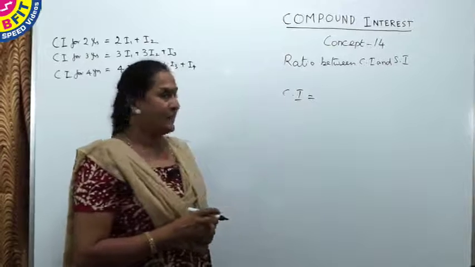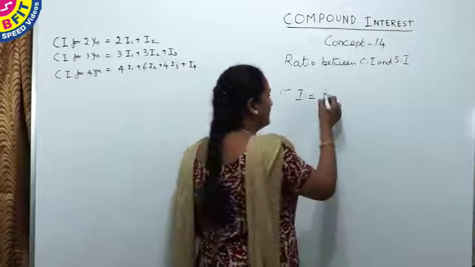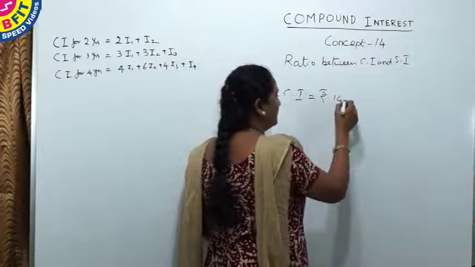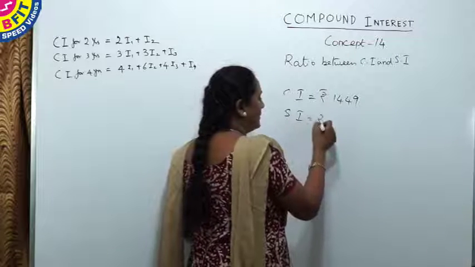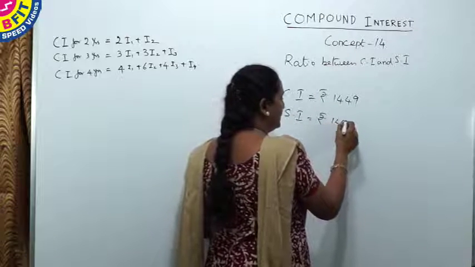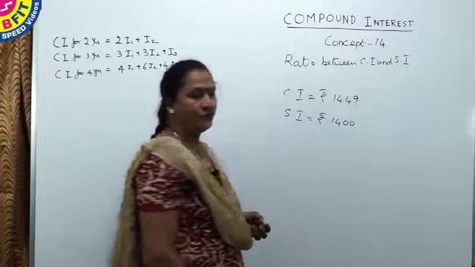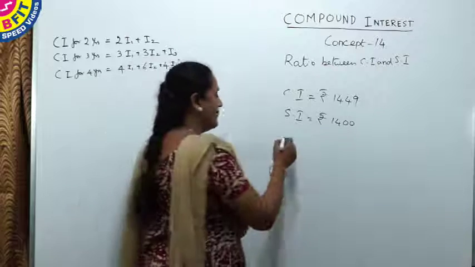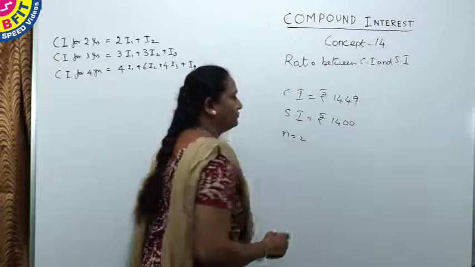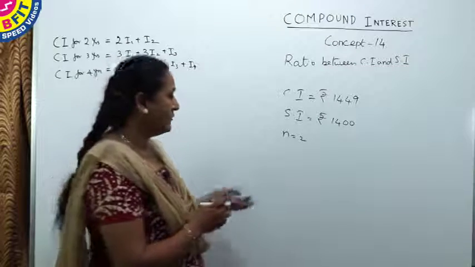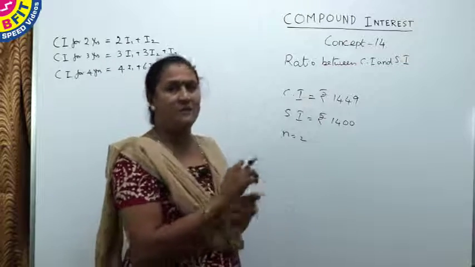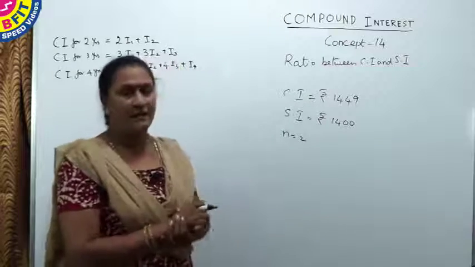In this question, the data is: compound interest is rupees 1449. And what is simple interest? It is rupees 1400. And the number of years is also 2. Now using the ratio which I gave you earlier, compound interest and simple interest are known, so we can find the rate percent.